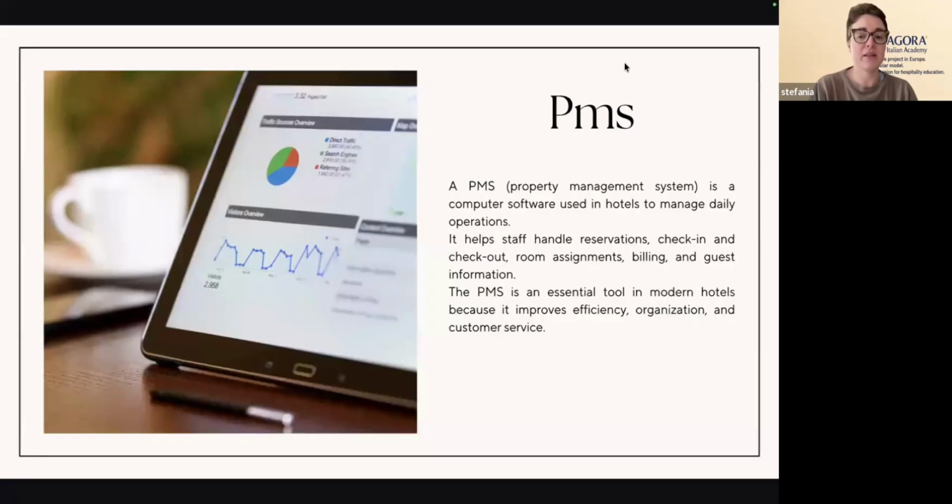It helps staff handle reservations, check-in and check-out, room assignment, billing, and guest information. Today, it is quite impossible to work in a hotel without a PMS. Thirty years ago, hotels were working mainly with paper, registering guests in a book.